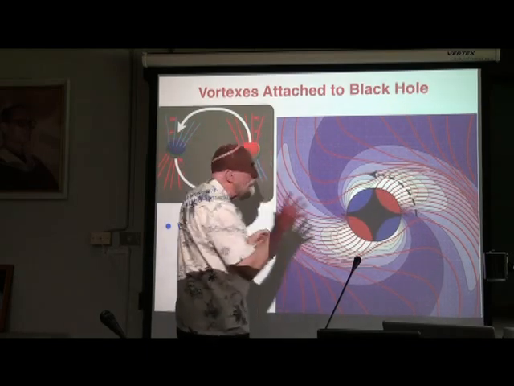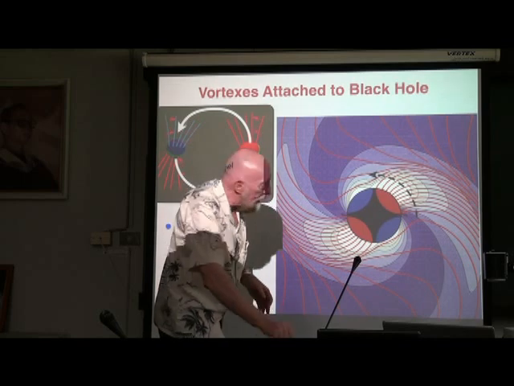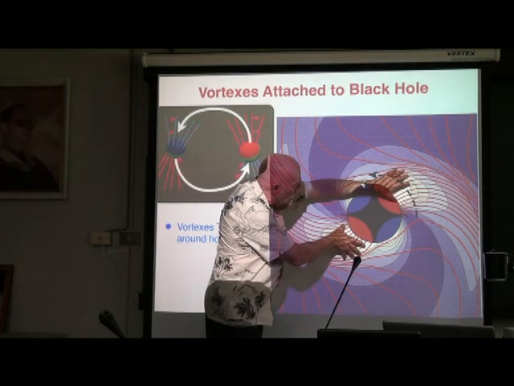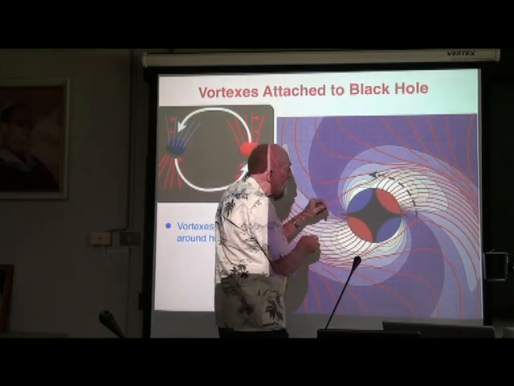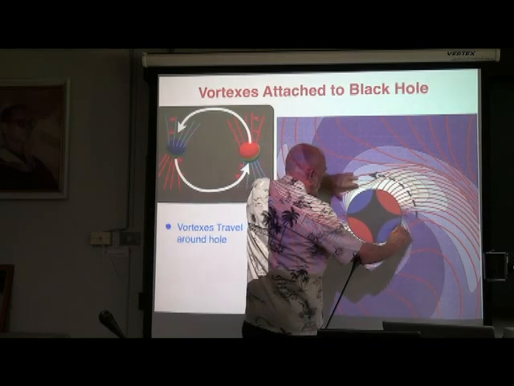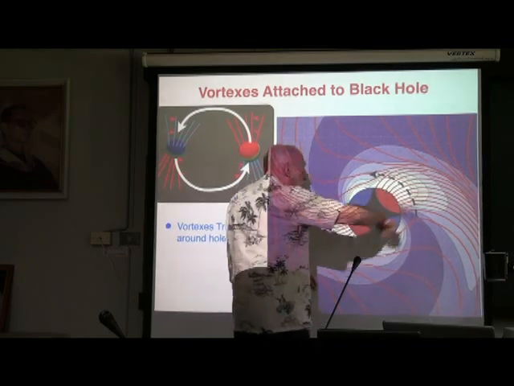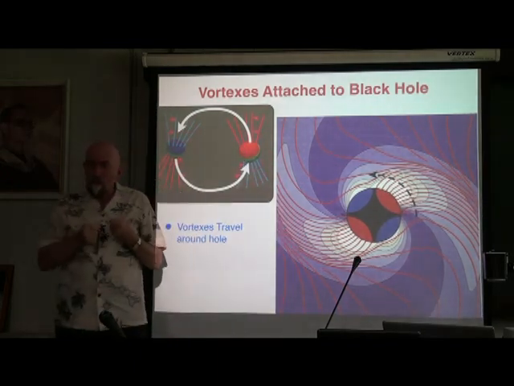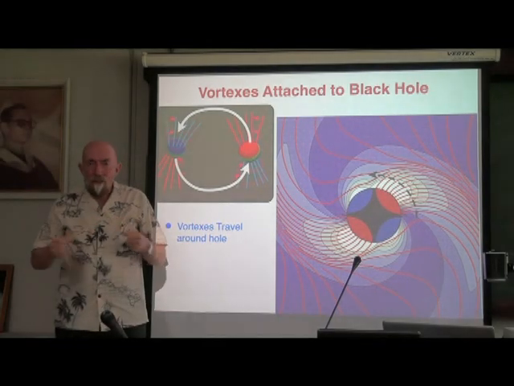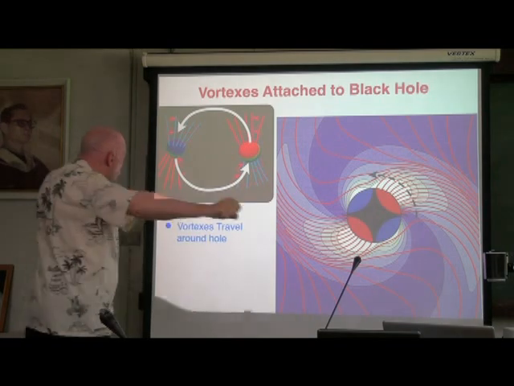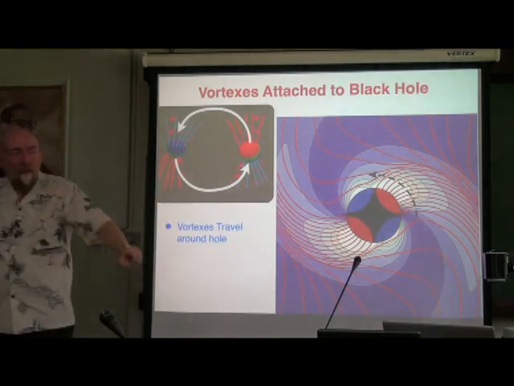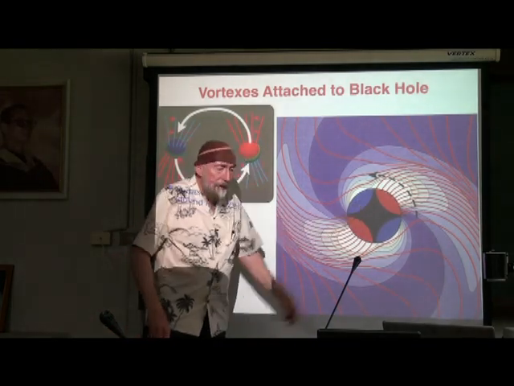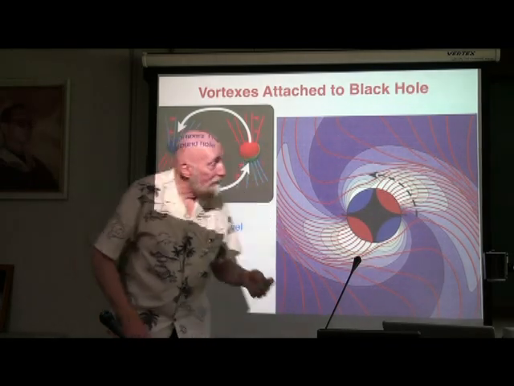It turns out the gravitational waves are being generated by these 2 vortexes in the near zone that stick out of the black hole, and similarly 2 blue vortexes sticking out of the black hole. As they turn, they generate the gravitational waves. The physical entity that produces the gravitational waves. Just like if I turn, my arms produce the gravitational waves. Here the gravitational waves are produced by these vortexes sticking out of the black hole.